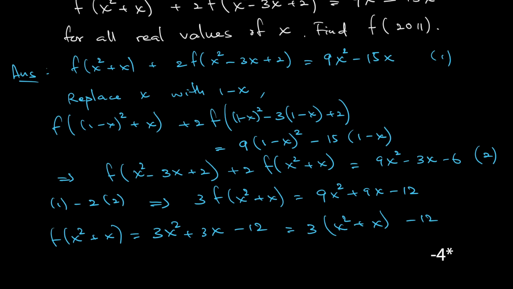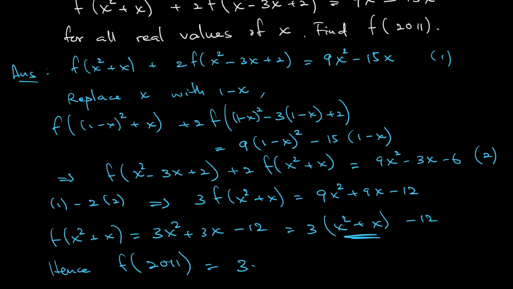So that means that, hence f of 2011, meaning that x squared plus x is equal to 2011. There will be some value of x that makes it equal to 2011, and this will be 2011, right?